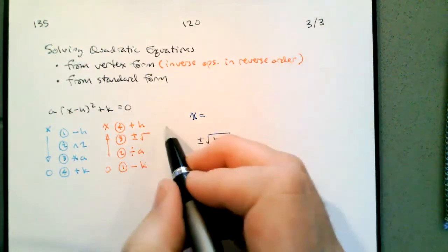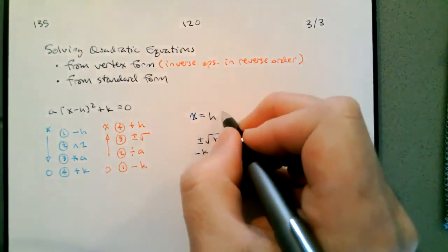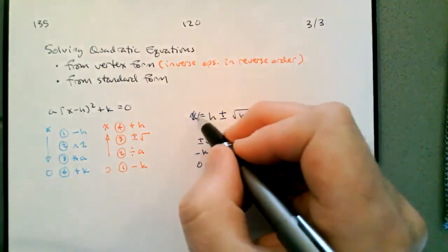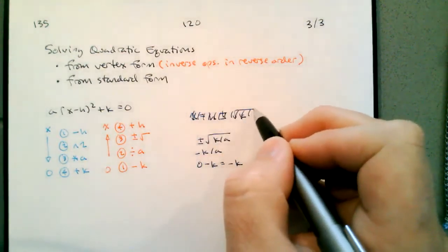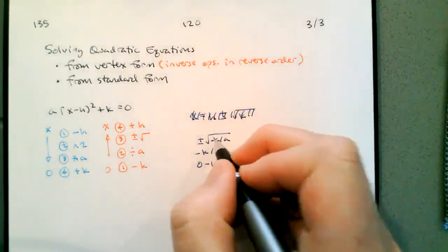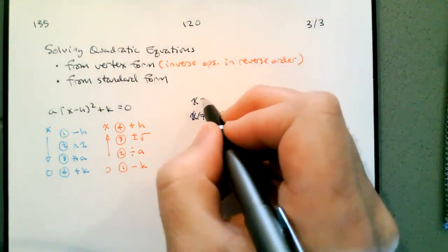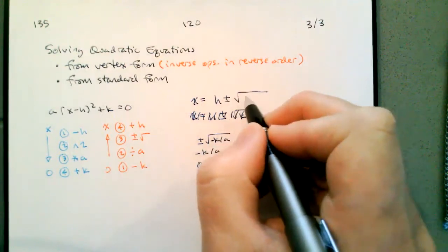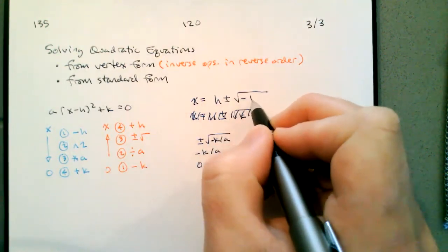And then finally, we'll add h. Our solutions will be h plus or minus the square root of minus k over a.